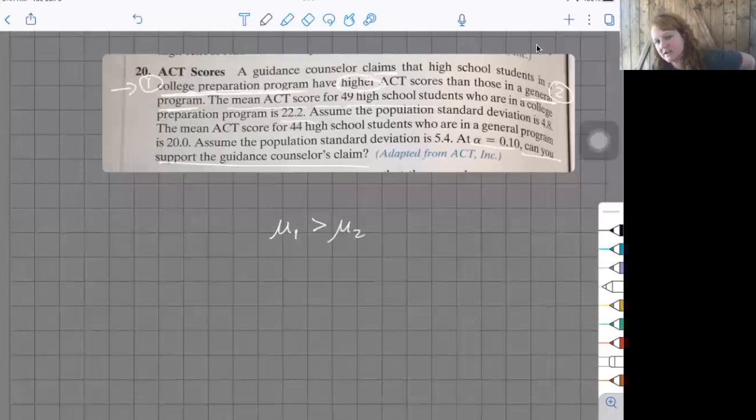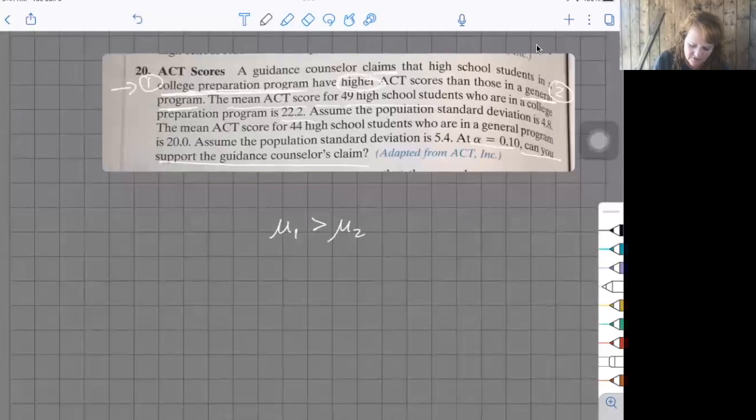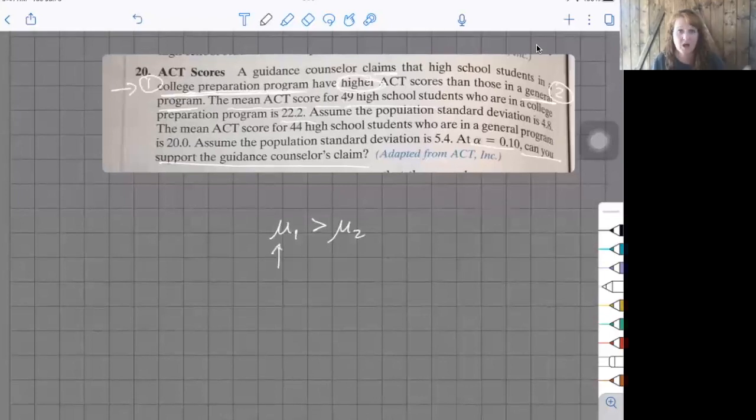So this is how your claim is going to look in chapter 8. You're going to have, instead of just one mean and a number, you're going to have 2 and they're going to be compared. So this is saying the first group, the college prep group, the one I labeled number 1, has higher scores. So that one's bigger than the general program.